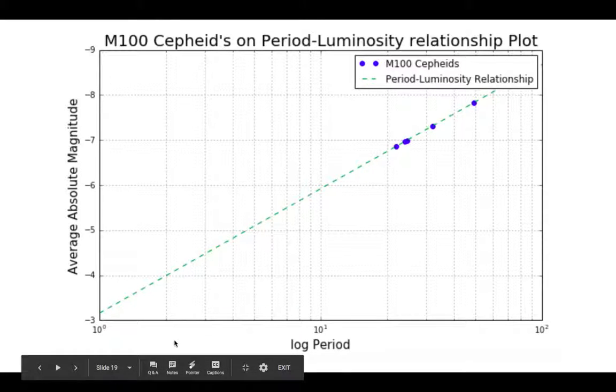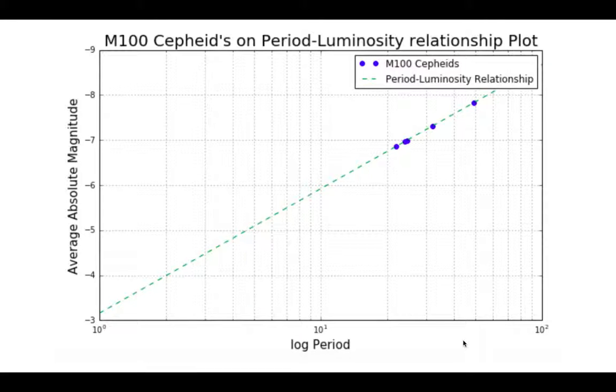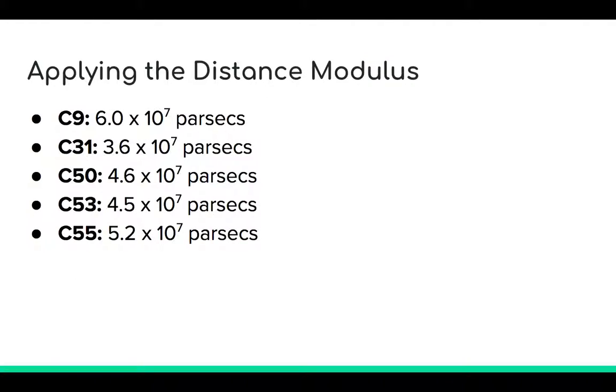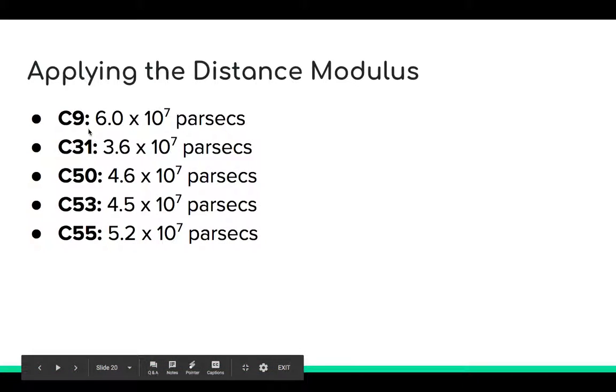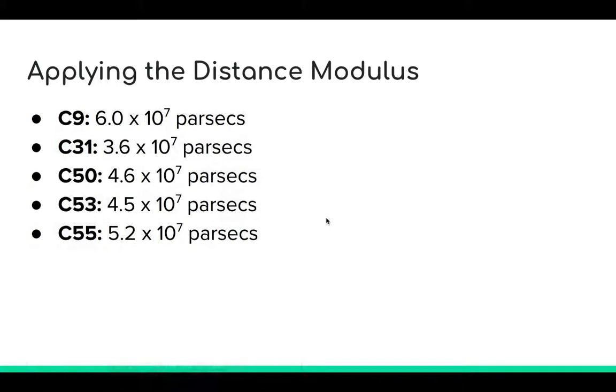So from the phase diagrams from folding, we were able to find the period, which allowed us to find the absolute magnitude. Applying the distance modulus like we did in Delta Cephei, we were able to find the distances to all the variable stars that we were looking at in M100.